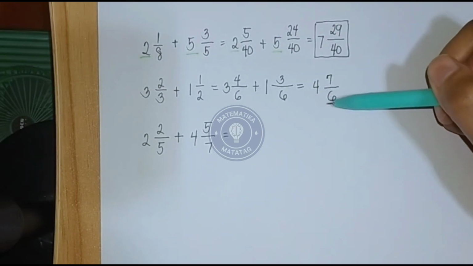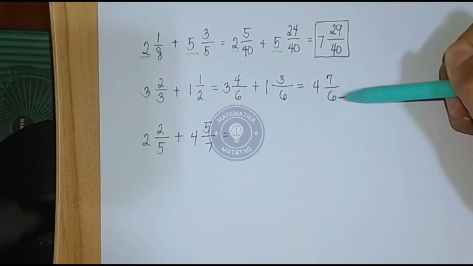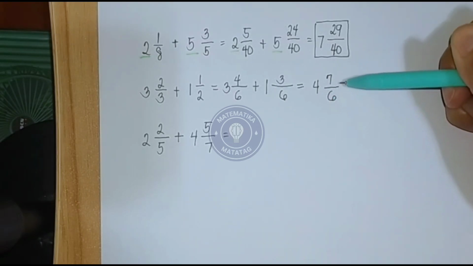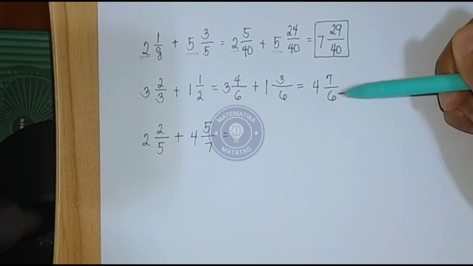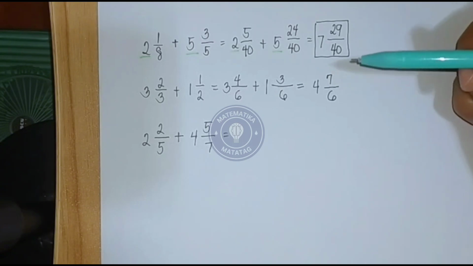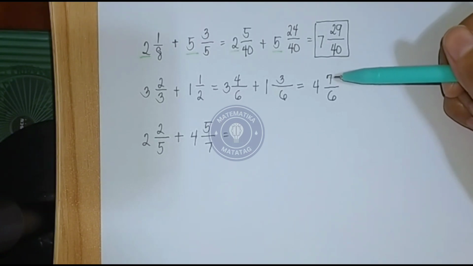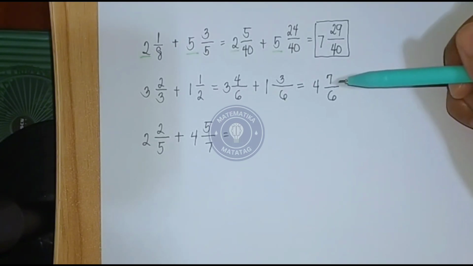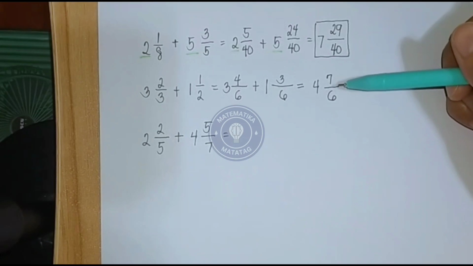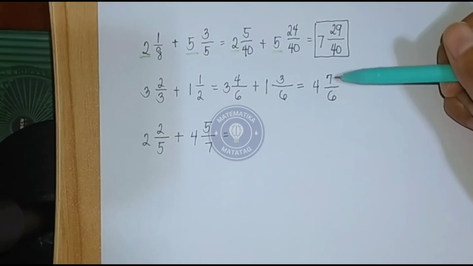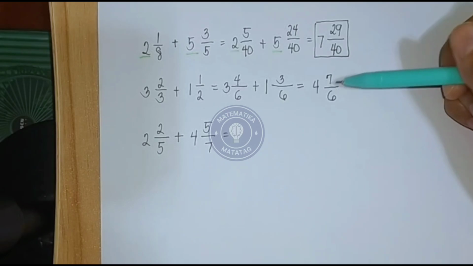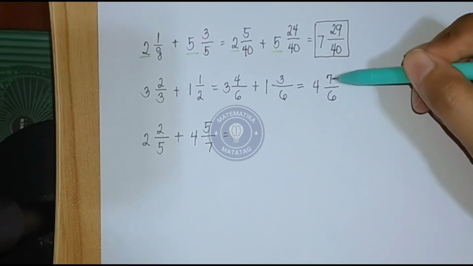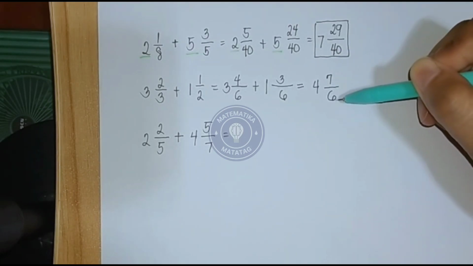As you can see, our fraction here is an example of an improper fraction. You need to change the improper fraction into a mixed number. In order for us to do that, just divide your numerator by the denominator.